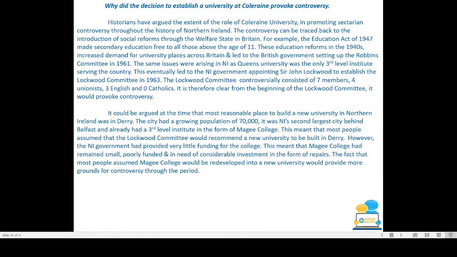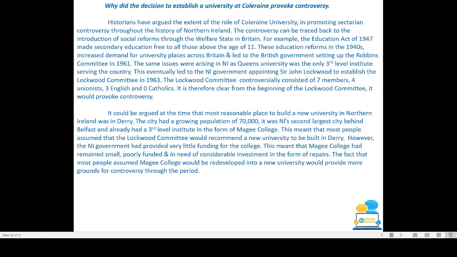It could be argued at the time the most reasonable place to build a new university in Northern Ireland was in Derry. The city had a growing population of 70,000. It was Northern Ireland's second largest city behind Belfast and already had a third level institute in the form of Magee College. This meant that most people assumed that the Lockwood Committee would recommend a new university to be built in Derry.